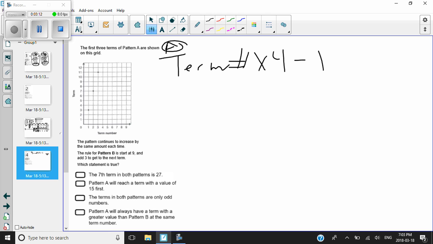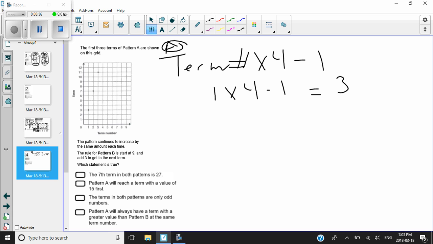Okay, so term number 1 times 4, take away 1 equals 4 times 1 is 4. Take away 1 is 3.